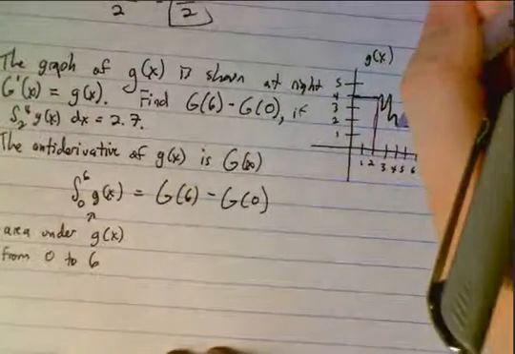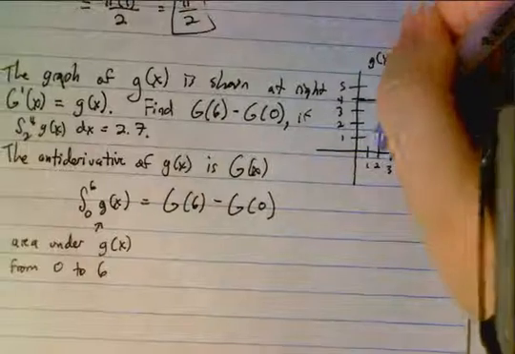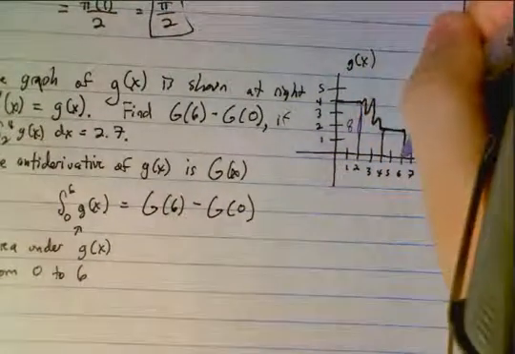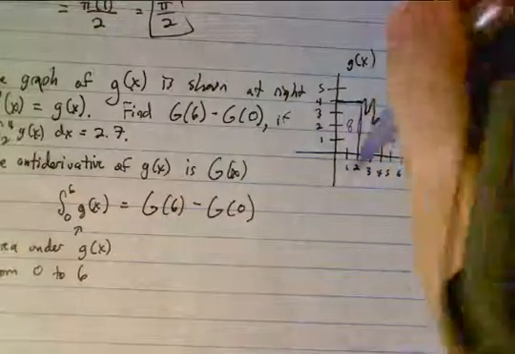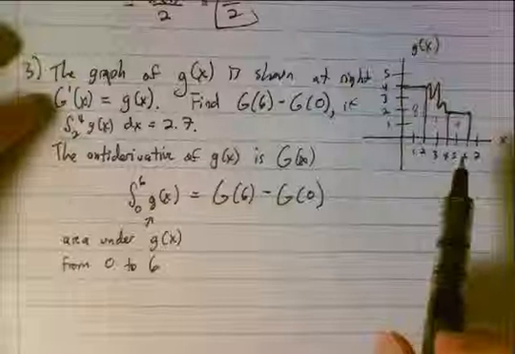There's one little rectangle right here. There's one little rectangle right here. And so this has a base of 2 and a height of 4, so that's 8. Base of 2, height of 2, so that area is 4. But this part over here, really weird shape. We don't know how to find it.